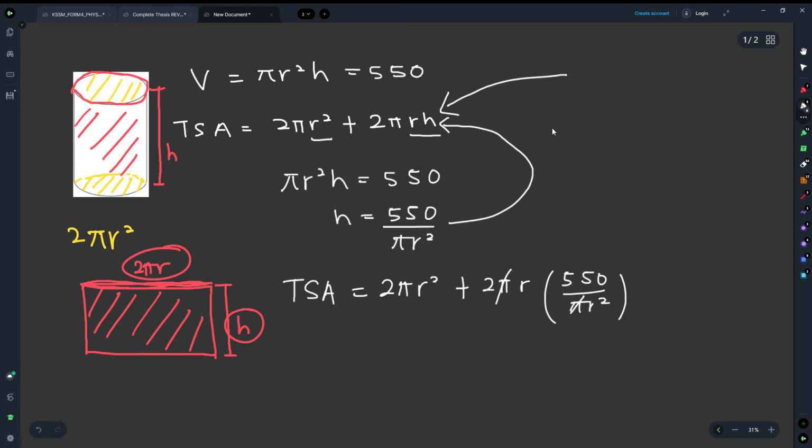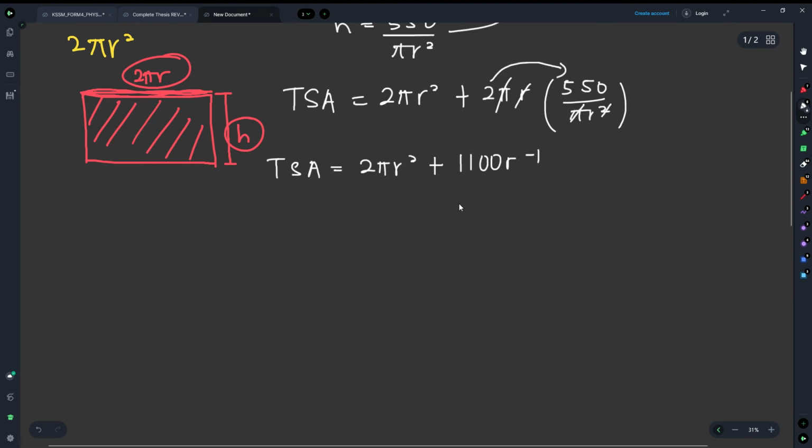So cancel. My total surface area is going to be 2 pi r square plus 2 multiplied by 550, which is 1100, and the remaining r here, I just bring it up so that it's easier for me to differentiate. So it's r to the power of negative 1. Please take note. Now in our equation, we only have one variable, which is r.